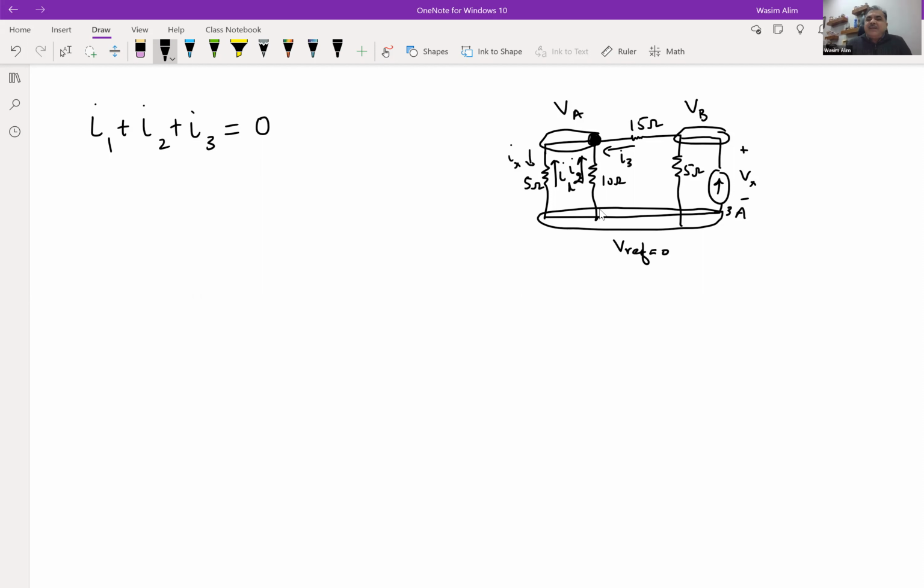Now, since I3 is tying VB also into this equation, you cannot change the direction of that current when we are writing an equation for V sub B. That's why I said on the first node, you have some flexibility in terms of how you want to write the direction of the currents. And once you write them, for the currents that are going to be connecting other voltages into this equation, you will hold that same direction from that point on.